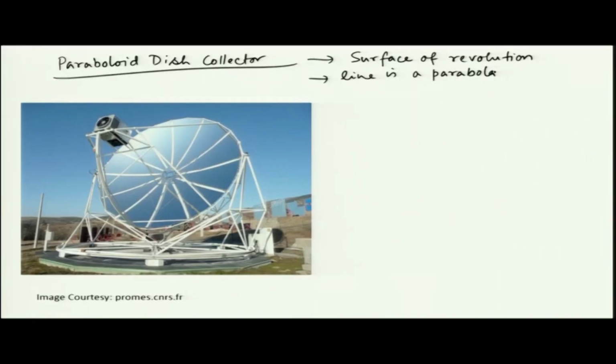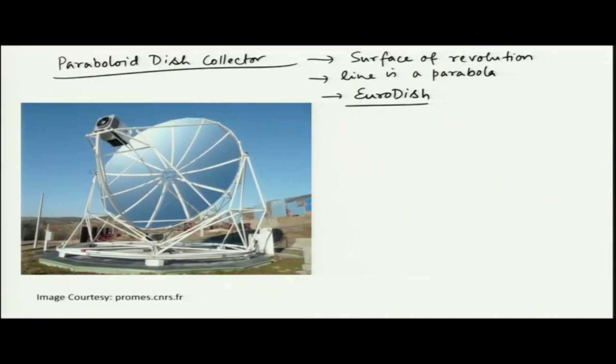The image that you are seeing is of an actual paraboloid dish collector, named Euro dish. This was a major event in Europe around 2010, where a few countries came together and designed this particular solar collector.